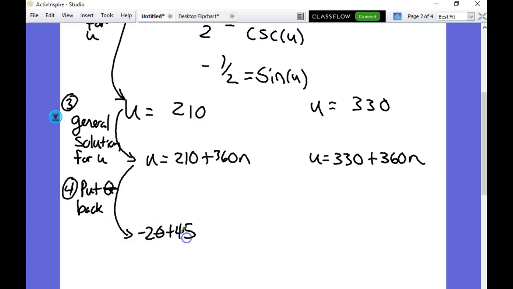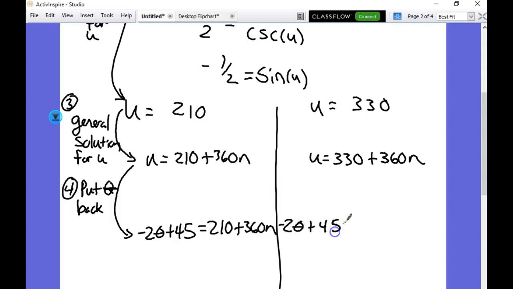So instead of saying U equals this, I'm going to say this equals the 210 plus 360, and I'm going to do the same thing on the other side. Okay, so now I have an equation with theta in it instead of U, right?